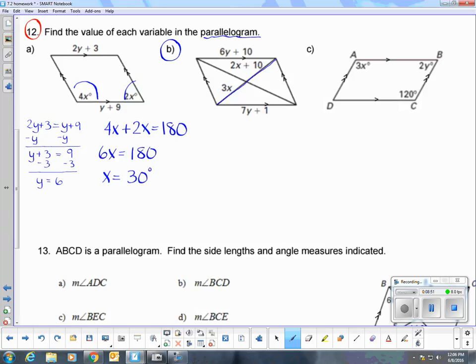Now what we remind ourselves about a parallelogram is that the diagonals bisect each other, which means that this segment is congruent to this segment. So an equation to help me to find x would be 3x is equal to 2x plus 10.